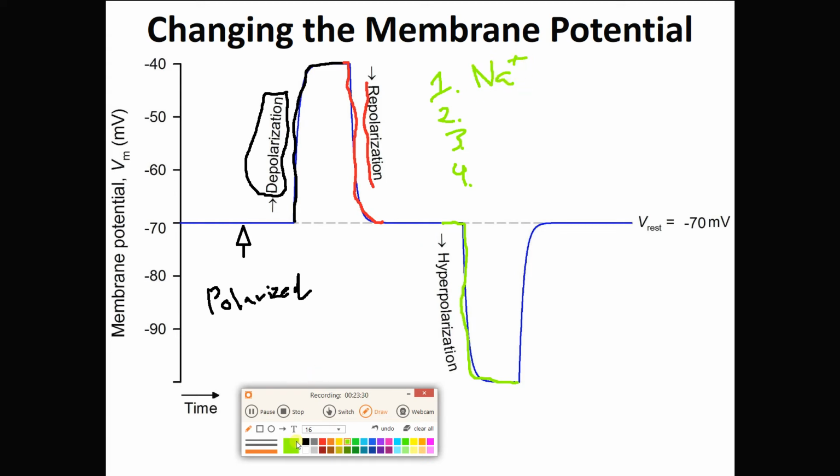I'm going to switch colors here just because I don't really like this light green. If there was an influx of sodium, so sodium ions went into the neuron, what would that do? I'm going to use one of these 3 words. So the neuron is at rest, and there's going to be an influx of sodium. That's question number 1.